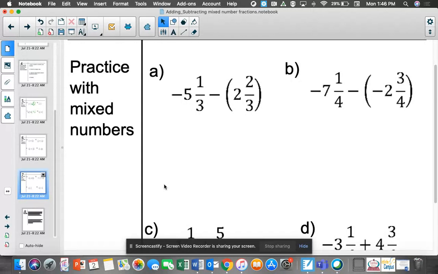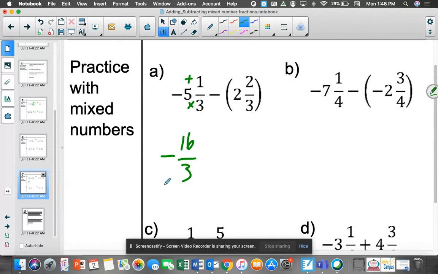Okay? So the first thing I'm going to do is I'm going to times and then add. So I'm going to have negative, and then 3 times 5 is 15, plus 1 is 16. 16 over 3. And then I have to bring the minus down. 3 times 2 plus 2. 3 times 2 is 6, plus 2 is 8, so 8 over 3.